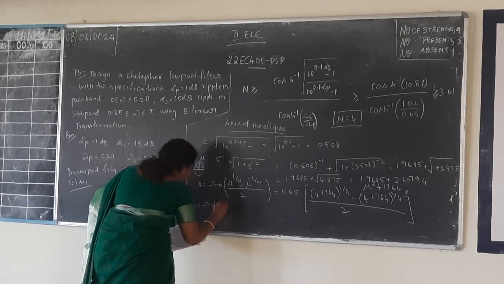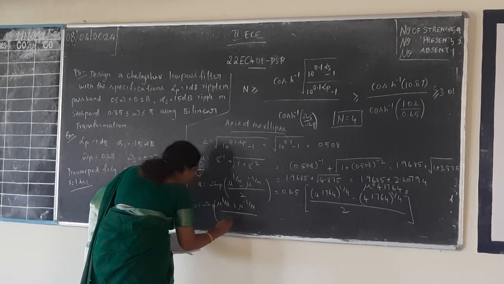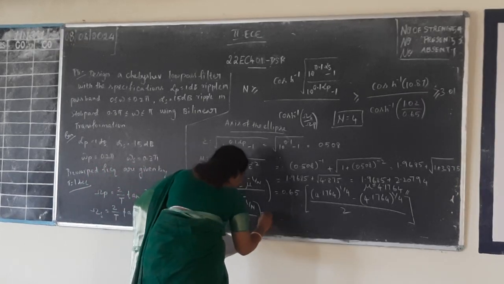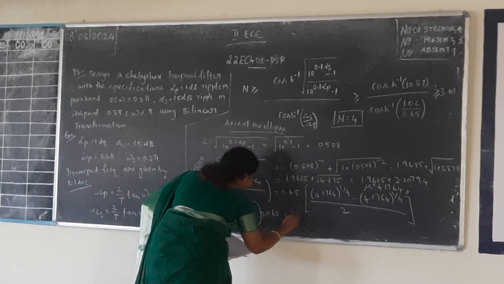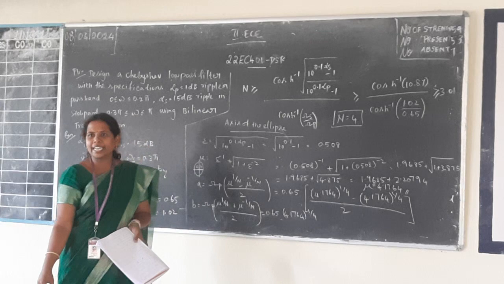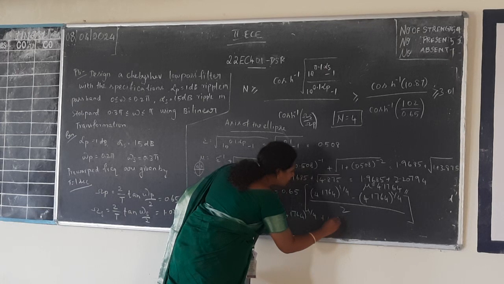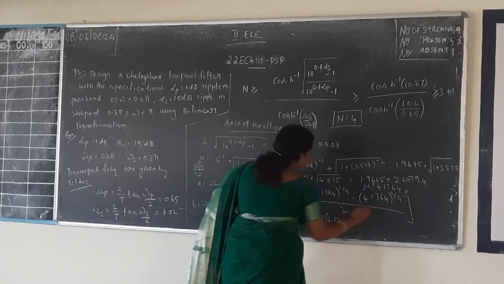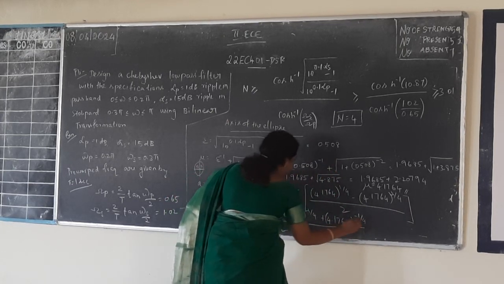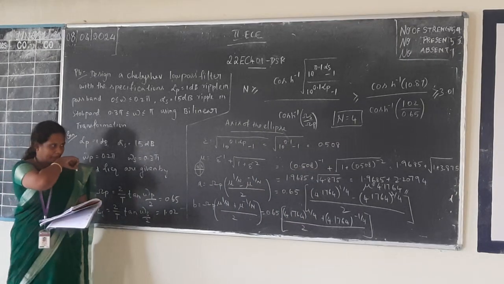So mu power 1 by n, this one is the major axis, so we have to add this: mu power 1 by n plus mu power minus 1 by n, divided by 2, which is equal to 0.65 into 4.1764, all power 1 by 4, plus 4.1764, the whole power minus 1 by 4, divided by 2. So substitute and find out the answer.